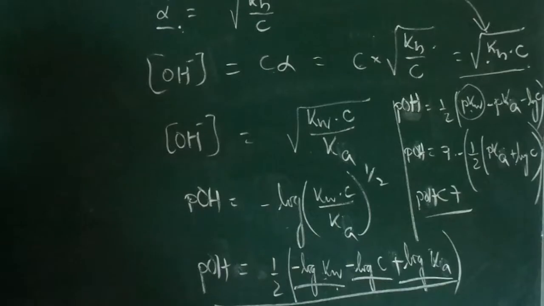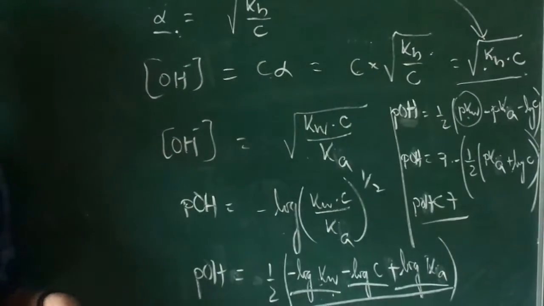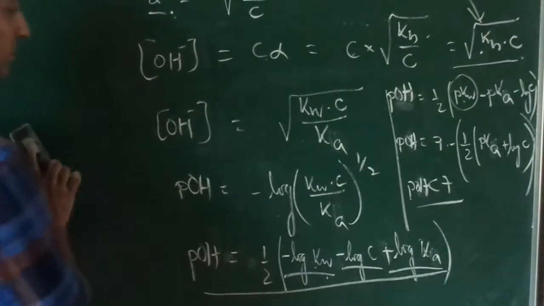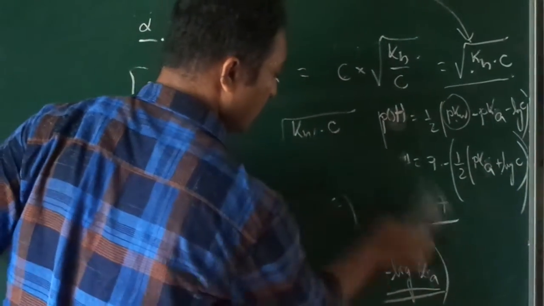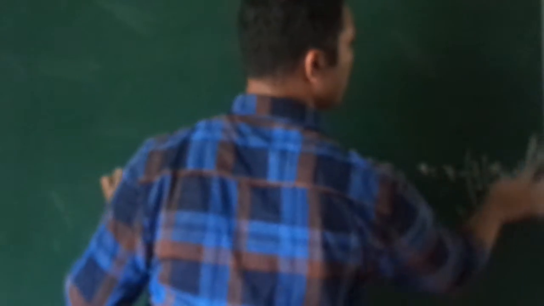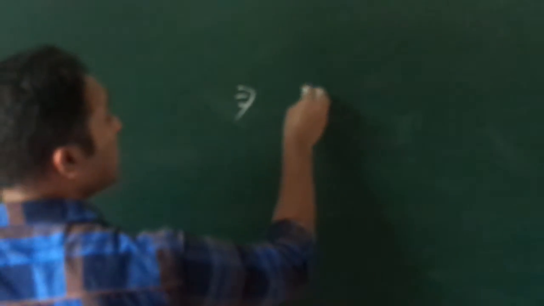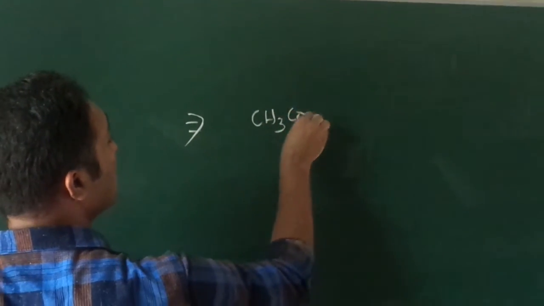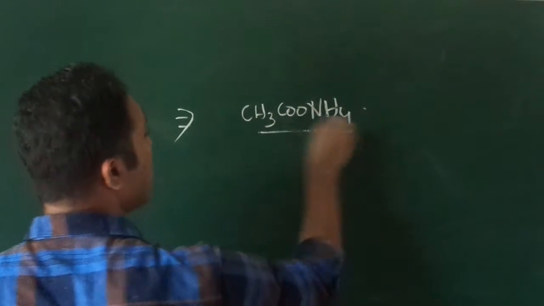And then comes the part for the salt of weak acid and a weak base, right? Now you see. If you check for the salt of weak acid and a weak base, you need to understand this. I took a salt of a weak acid and a weak base.